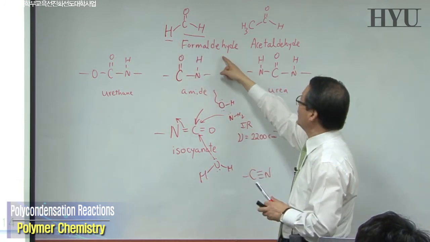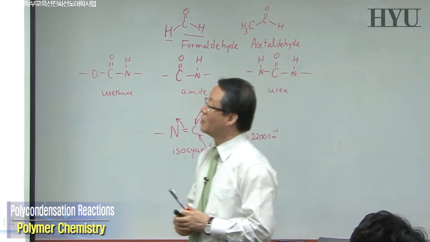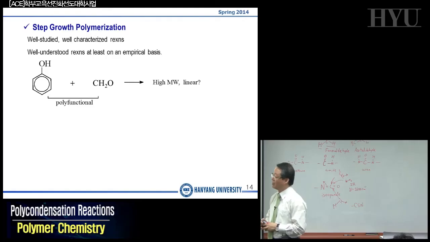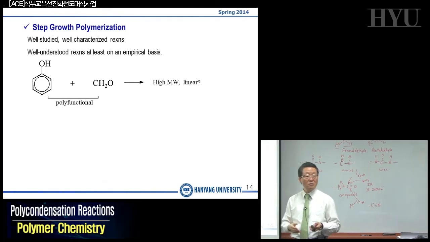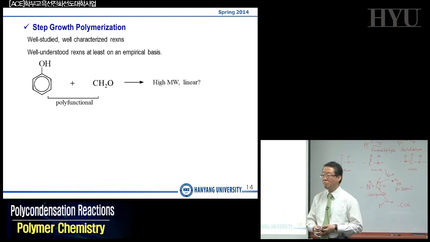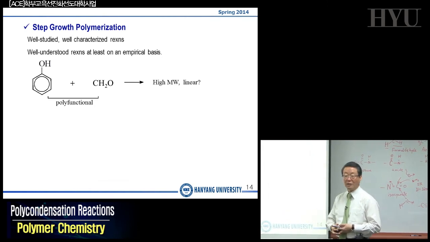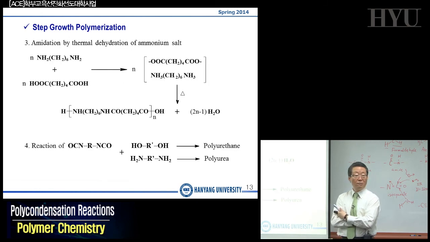Now, formaldehyde and phenol: phenol has one hydroxyl group, and you have formaldehyde. What happens? Can this be a polymer from phenol and formaldehyde?